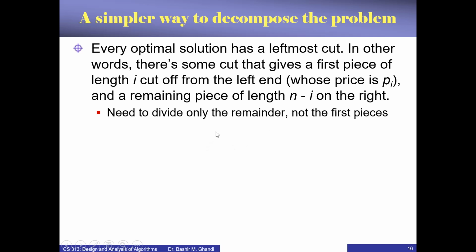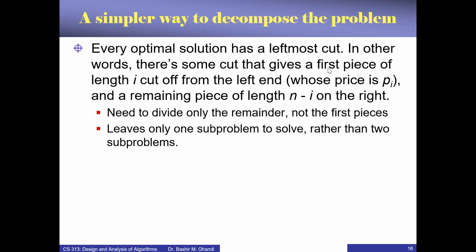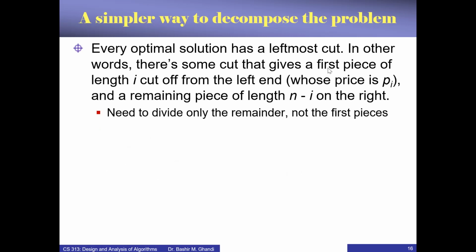So in that way, we have only one subproblem to deal with, not two as in the characterization we have here. Here we have always R1 and another R, R2 and R n minus 2, and we have to solve each of them separately. But here, we are saying the first part doesn't need any more solution.